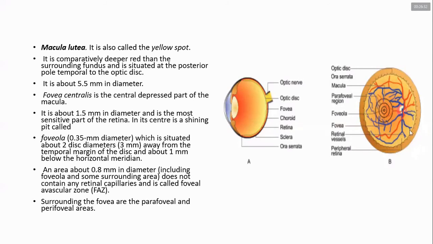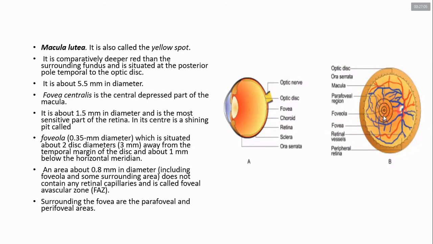When you discuss the difference between these two, this is the optic disc, which is 1.5 millimeter, and this is the macular area, which is 5.5 millimeter, though both are situated in the posterior pole. Over here, the central depression is pale in color and is called the physiological cup.